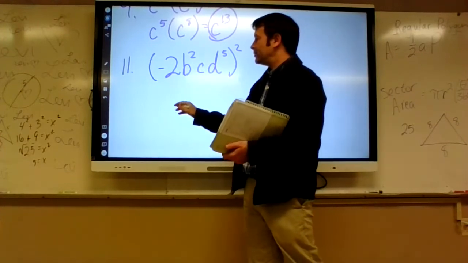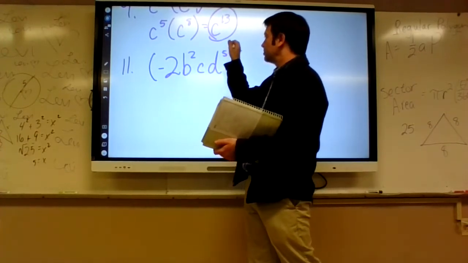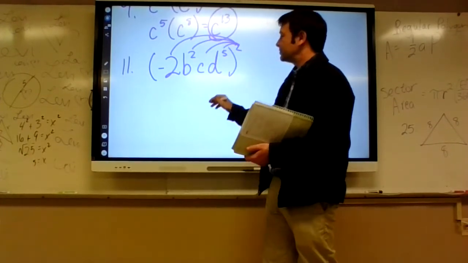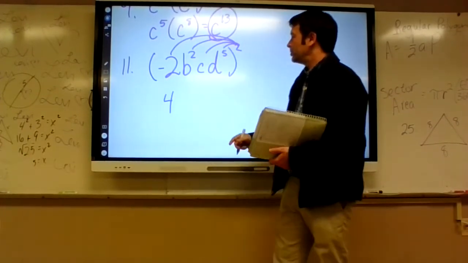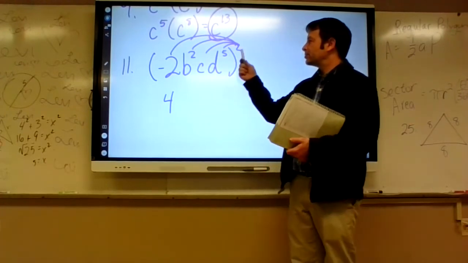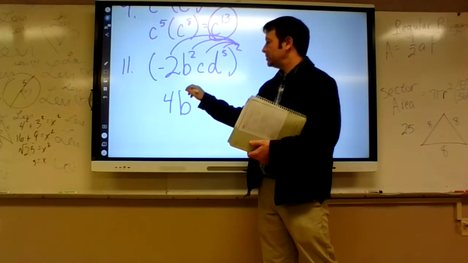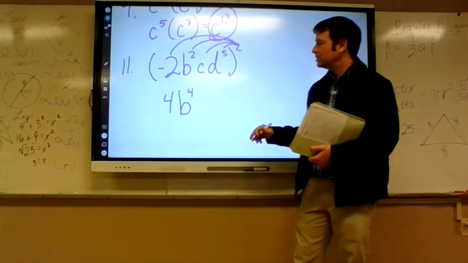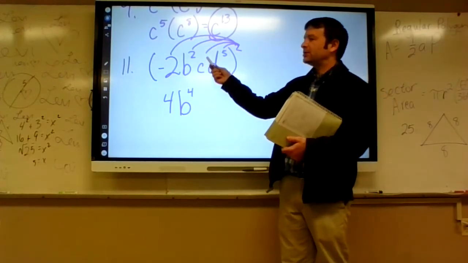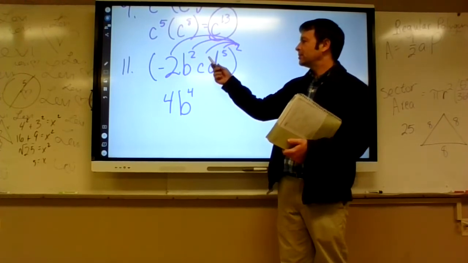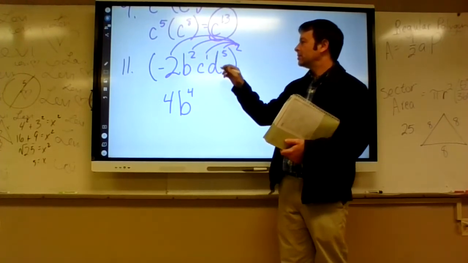So what is -2 squared? 4. Yeah, positive or negative? Positive. And what's b squared squared? b to the 4th. And then c. If there's no exponent on the c, what exponent's on the c? 1.